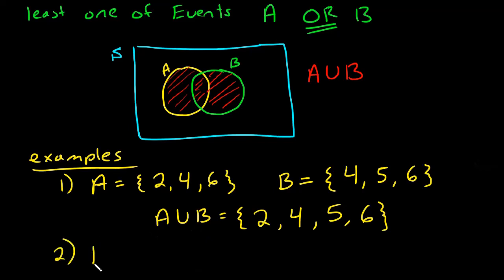All right, another example. Suppose A is the set of all x such that x is between 1, including 1, and less than 10.